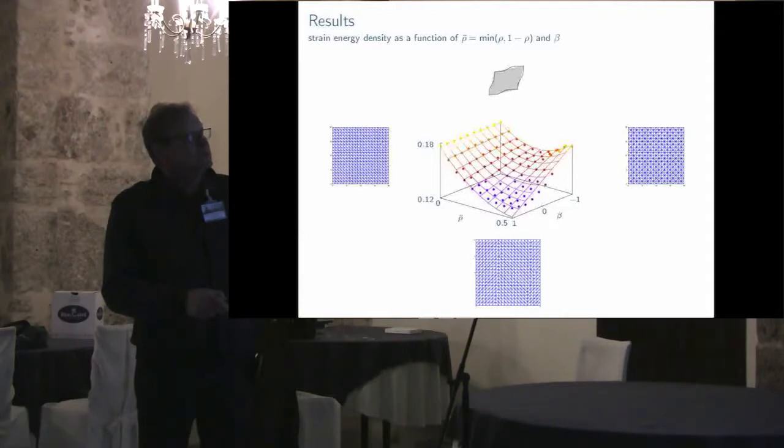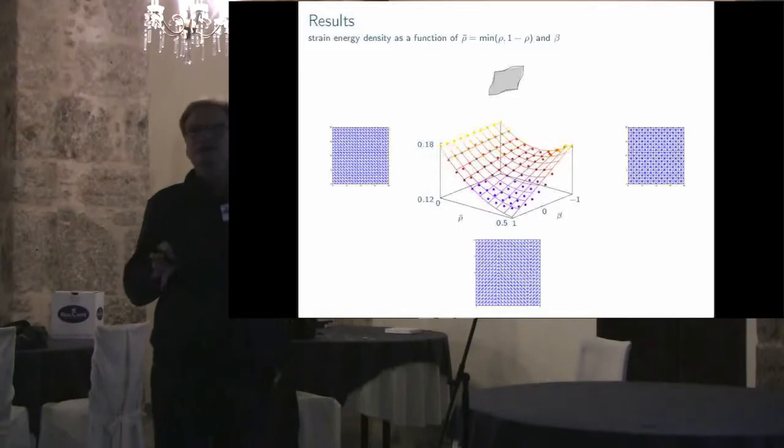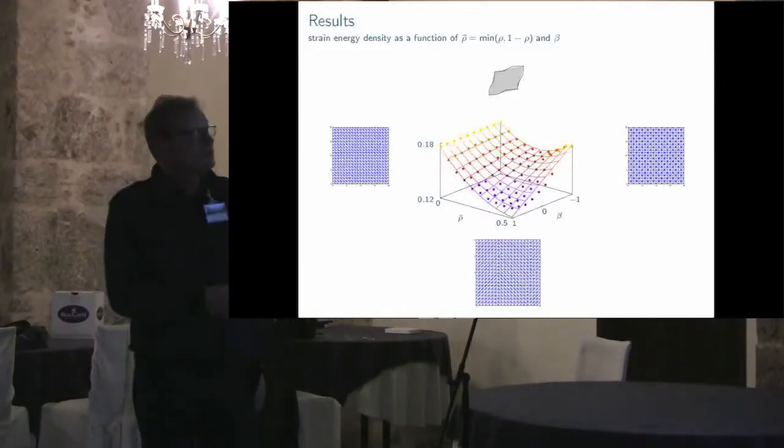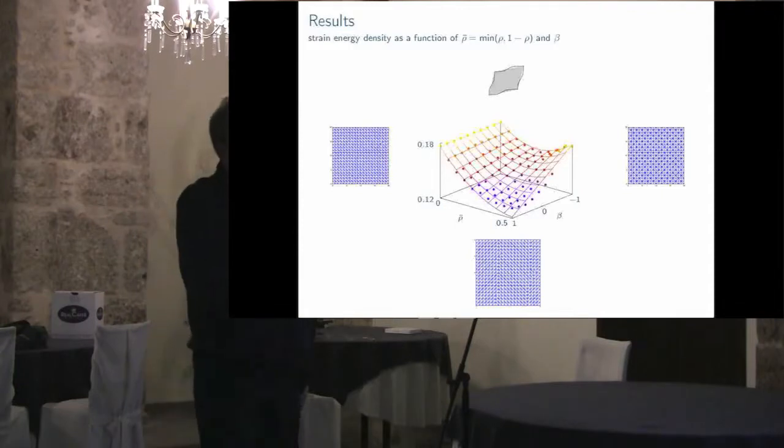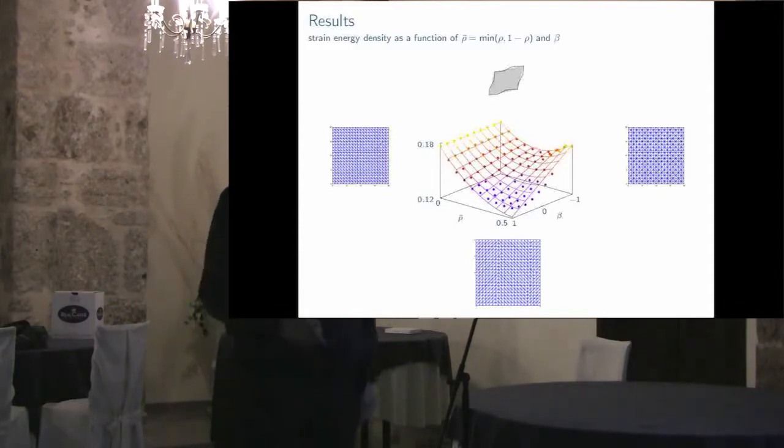The results given here are for the case that we impose an overall shear deformation together with periodic boundary conditions. In this graph, the strain energy, or specific strain energy, is plotted for different configurations, and the configurations are characterized by the ratio of 0 and 1 diagonals and the control parameter of the Ising model.